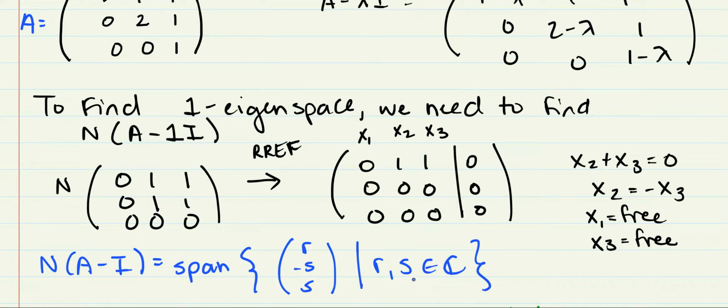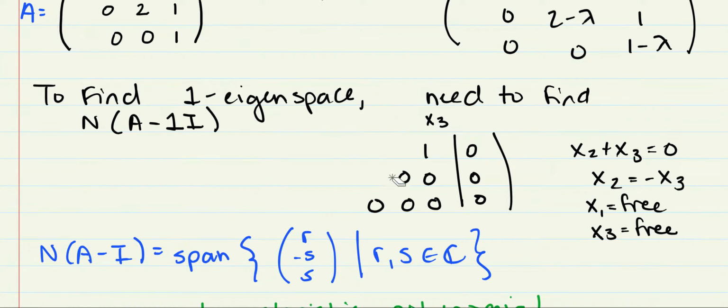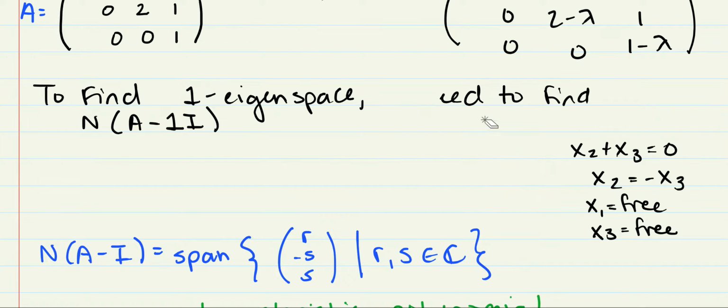Remember, we're working over the complex numbers. Okay, and now we just need to find a basis for this space. So the basis, let's erase this. Remember, you can always pause the video and copy anything down that you need.